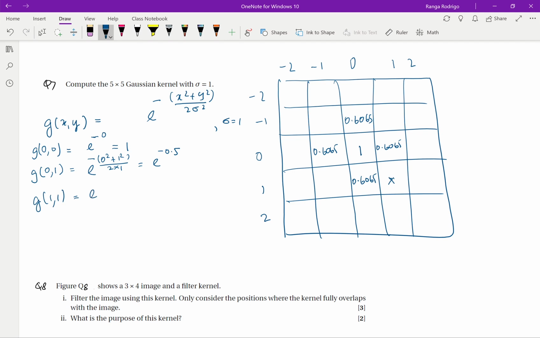For this you will have e to the power of minus (1 squared plus 1 squared) divided by 2, e to the power of minus 1. That one would be 0.3679.